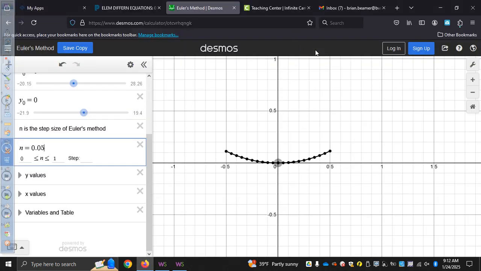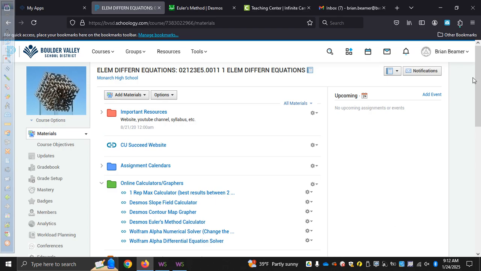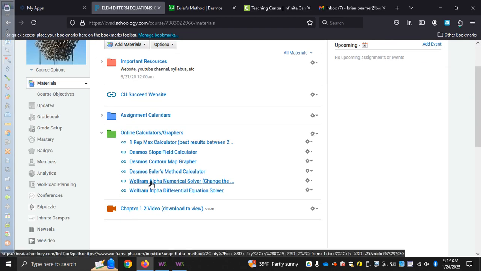So I have another calculator. One of your homework problems asks you to do Euler's method and the Runge-Kutta method. You don't have to know how to do the method to use the online calculator. And it asks you to compare the solutions. So in our folder there, Wolfram Alpha Numerical Solver.